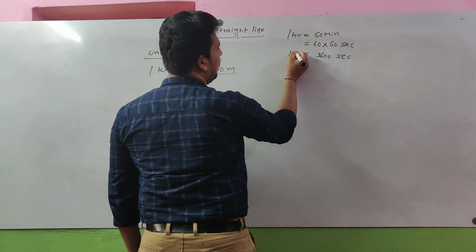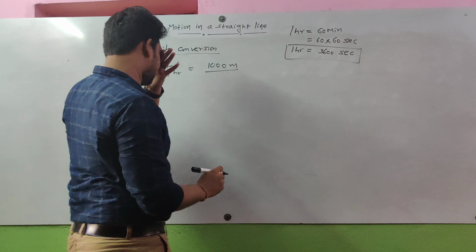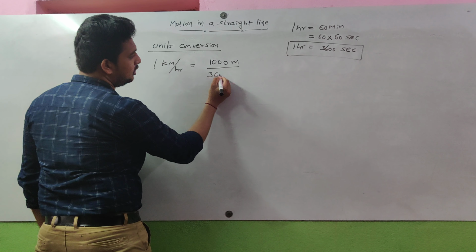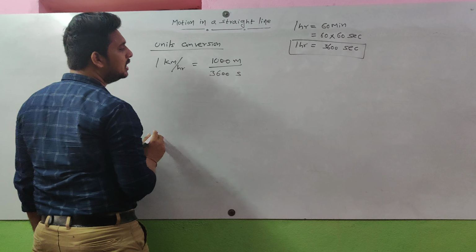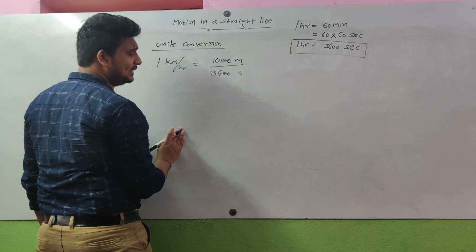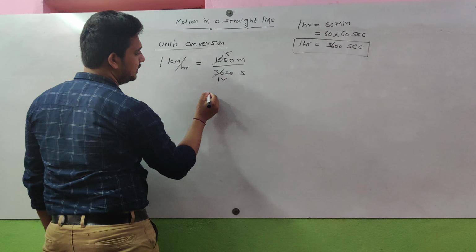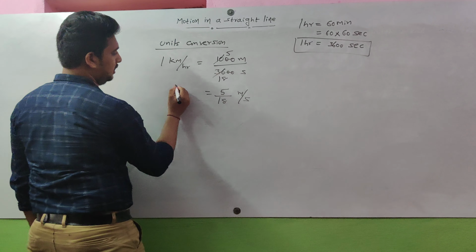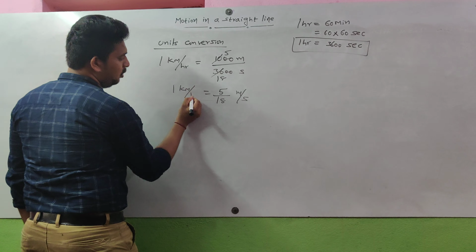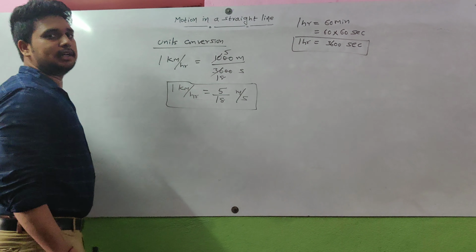For 1 hour, how many seconds here? 3600 seconds. Here 2 zeros are going to be cancelled, so then 10 by 36. 10 by 36 means 2 fives, 2 eighteens. That means we got 5 by 18 meter per second. So 1 kilometer per hour is equal to 5 by 18 meter per second.